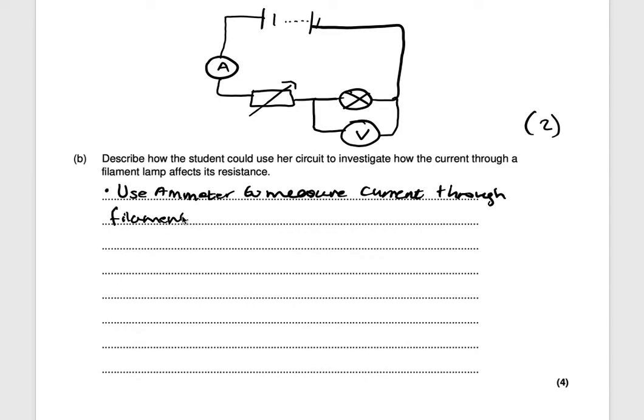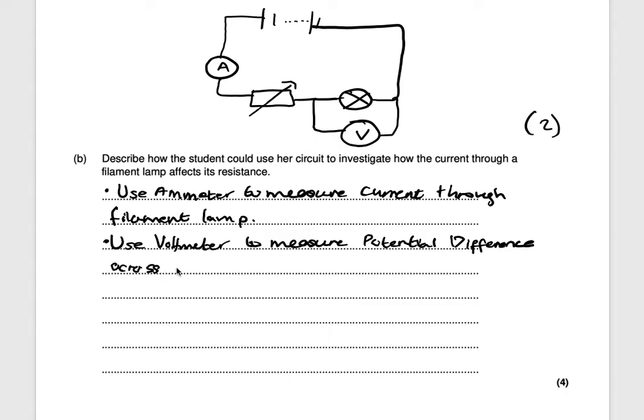Then you can use the voltmeter to measure the potential difference across the filament lamp. So use voltmeter to measure your potential difference across filament lamp.